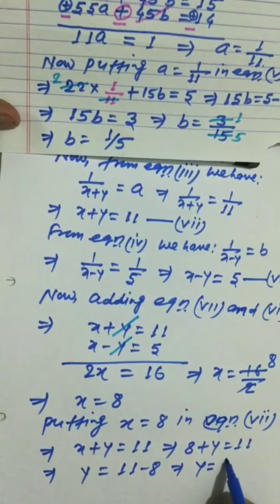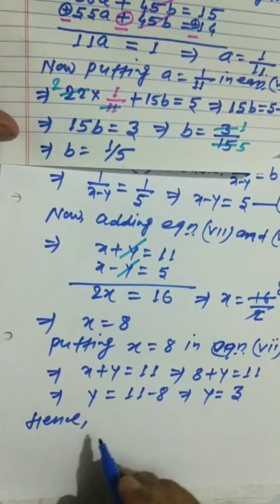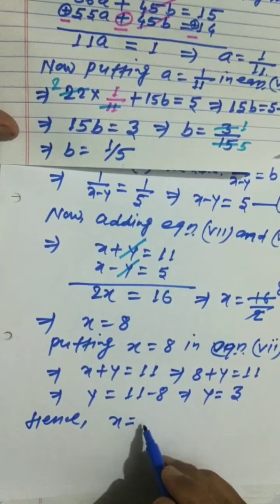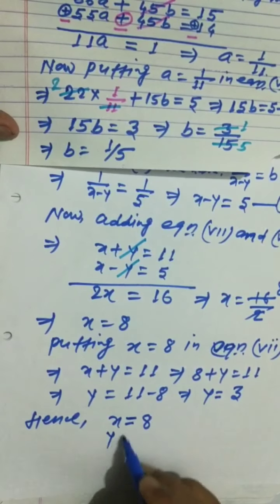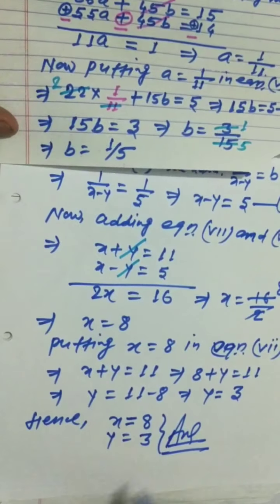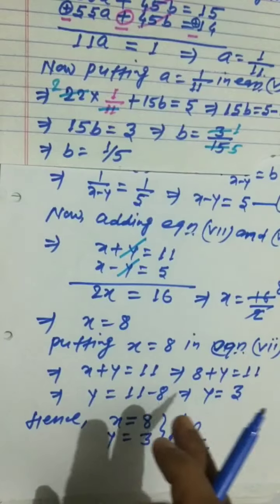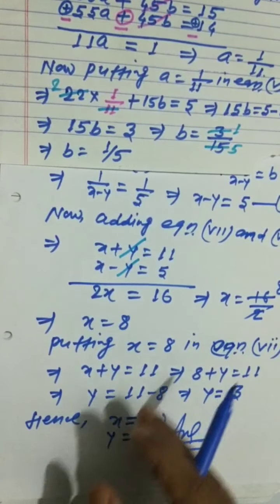This implies that y is equal to 3. Hence we have got the value of x and y, which is x is equal to 8 and y is equal to 3.